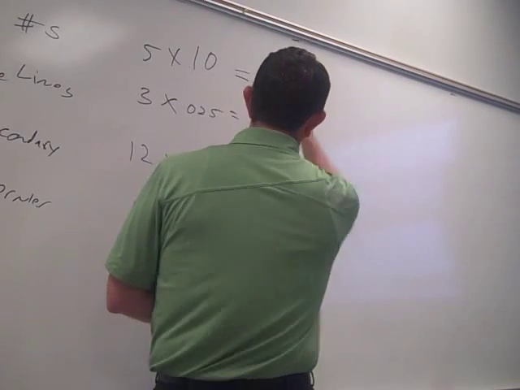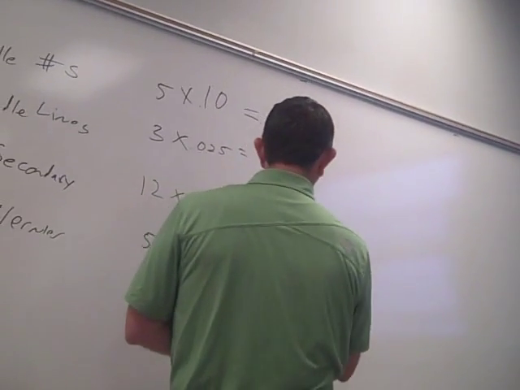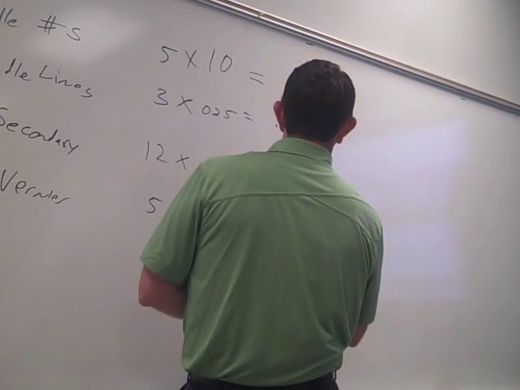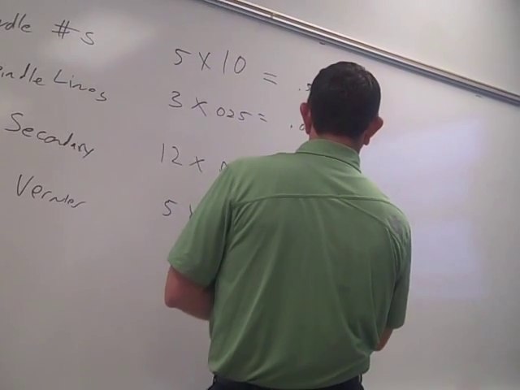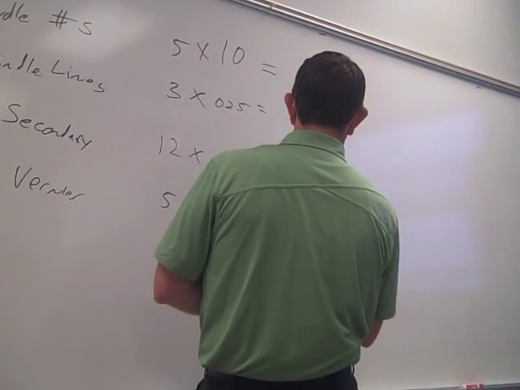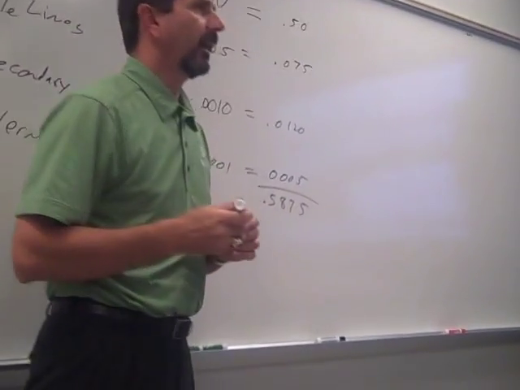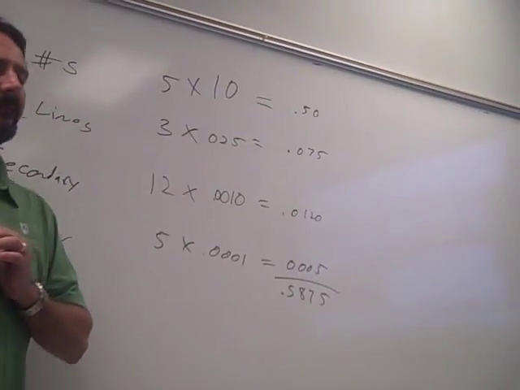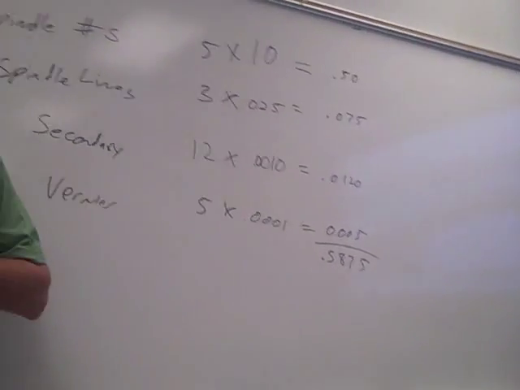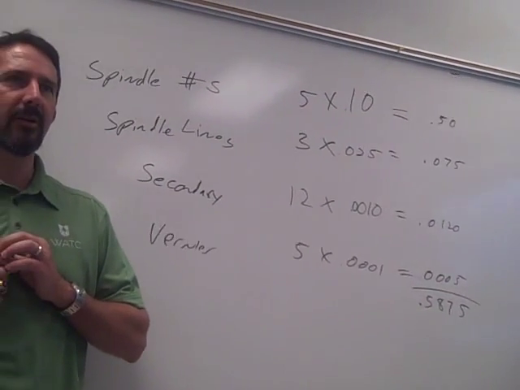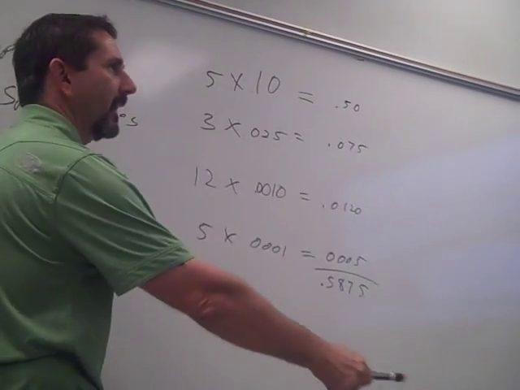Remember, when adding decimals, you simply line up the decimal place and bring it down. And our answer is 5.875.